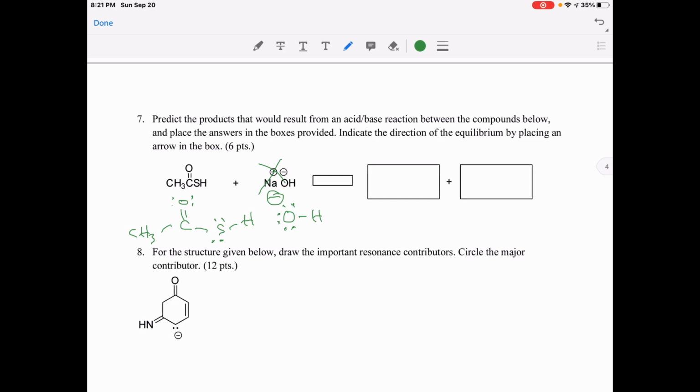So when we consider this, we need to first identify what is our Lewis acid and our Lewis base. Examining these two, we find that the hydroxide ion is actually the Lewis base in this case, because it is negatively charged, and it's in a rather unstable position.